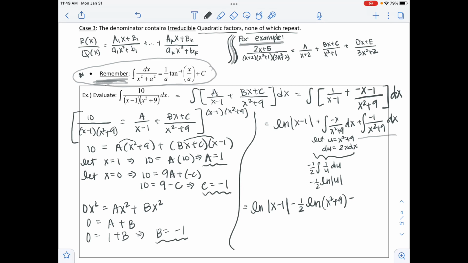And for this, we're going to end up with 1 over a, where a squared is 3 squared, so 1 over 3, tangent inverse of x over a, so x over 3. And then don't forget your plus c. And that would be your final answer.